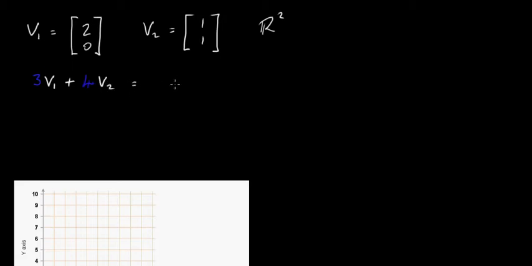So what will that look like? Well, it'll be 3 times (2, 0) plus 4 times (1, 1).